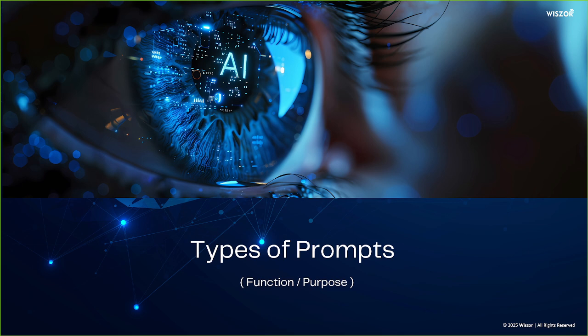This particular classification of prompt types is based on function and purpose. We can categorize AI prompts on various bases, and the first base we are going to deal with is function and purpose. In functional ways, how are prompts going to differ? You can create prompts for various reasons: for your personal work, for your official work, for knowledge purposes.